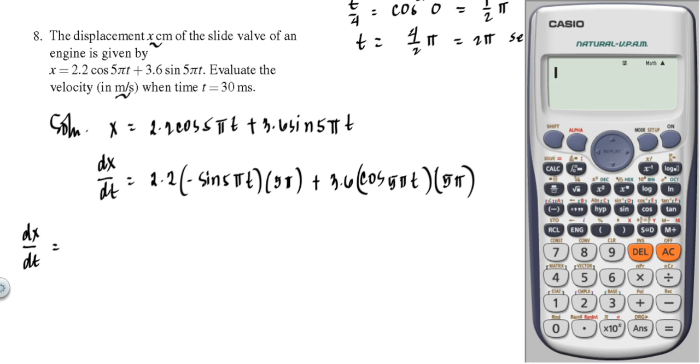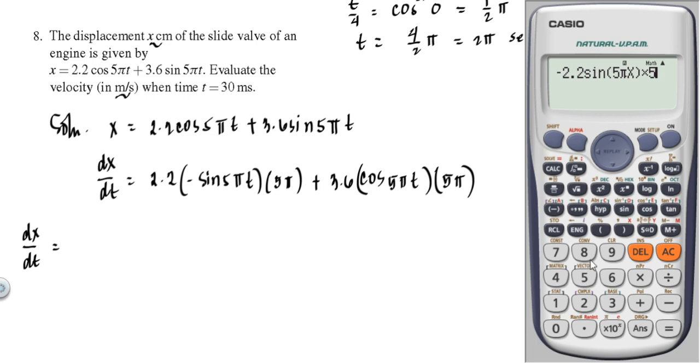Okay, let's solve this. 2.2 times, negative na lang. Minus 2.2 sine of 5 pi t. Gawin ko na lang alpha x, mamaya na lang natin ilagay. So, multiply this by 5 pi.